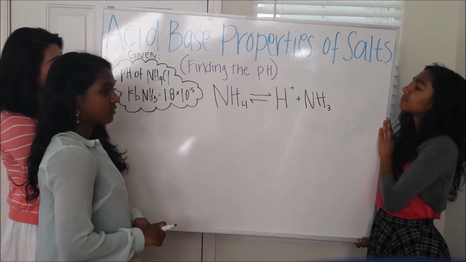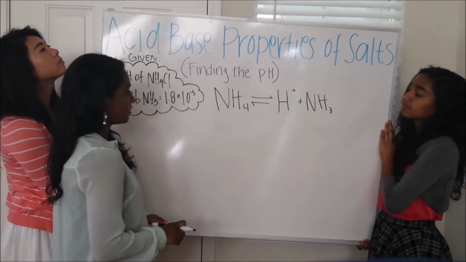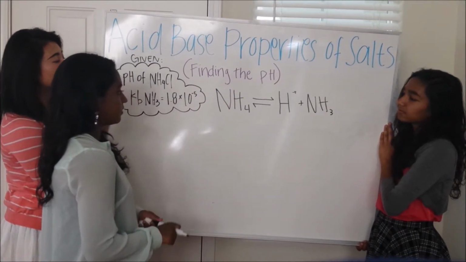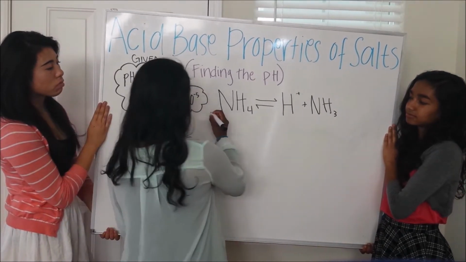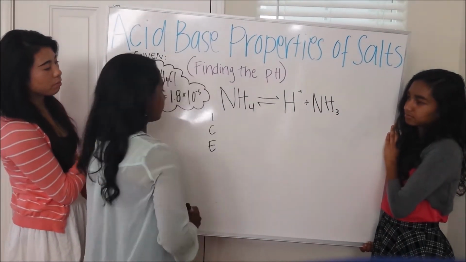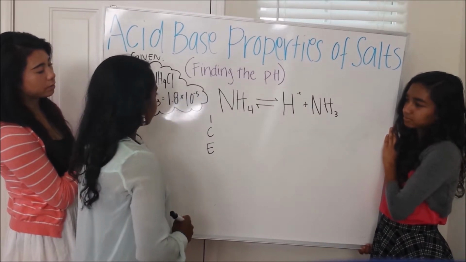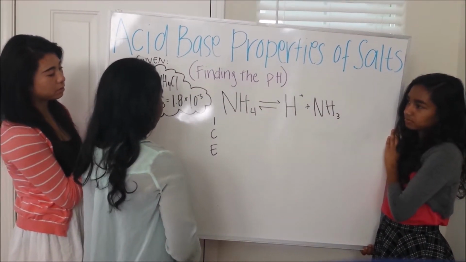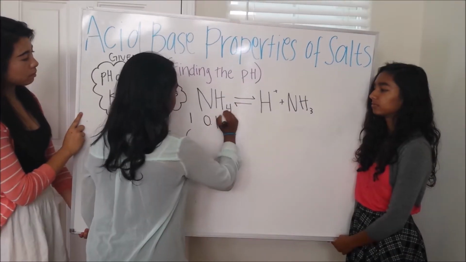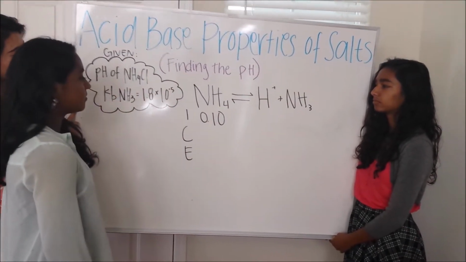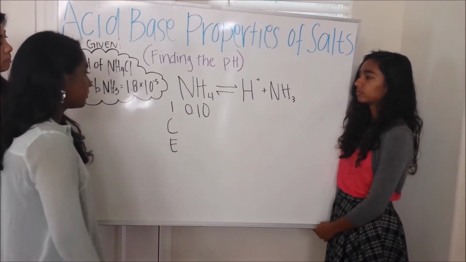Because the Ka is larger than the Kw, we will concentrate on the production of hydrogen ions. So we will start off with an ice table, with initial, change, and equilibrium. The problem gives us the initial concentration of the ammonium ion, which is 0.10 molar. We can assume the concentration of the hydrogen ion and the ammonia is 0.